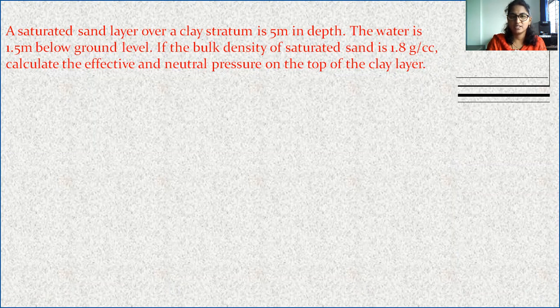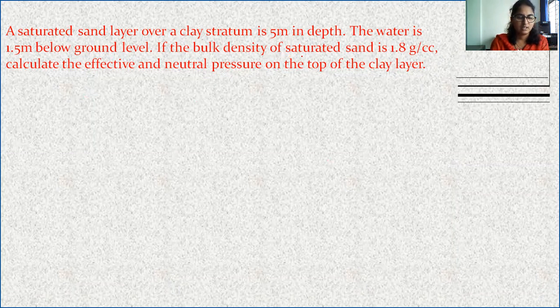If the bulk density of saturated sand is 1.8 gram per cc, calculate the effective and total pressure on the top of the clay. So first draw the pressure distribution diagram.